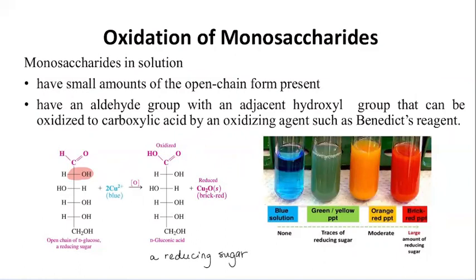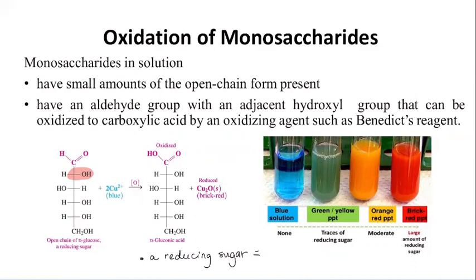So a positive test in the Benedict's reaction means that you have a reducing sugar. Again, the term reducing is because the sugar undergoes oxidation, but your Benedict's reagent undergoes reduction. So that's why we call it a reducing sugar.